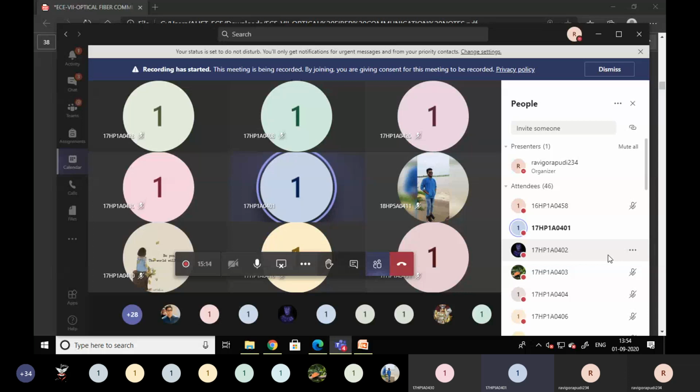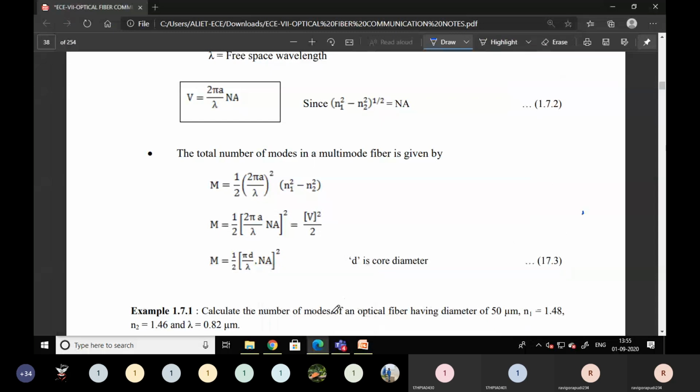Tell me what are the given values. D is equal to 50 micrometer, see the problem carefully. So D is 50. N1 is equal to 1.48.